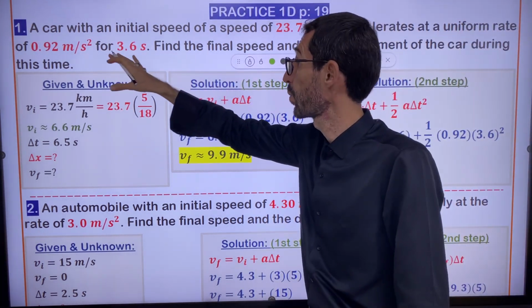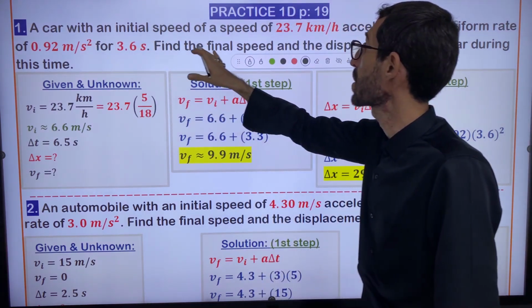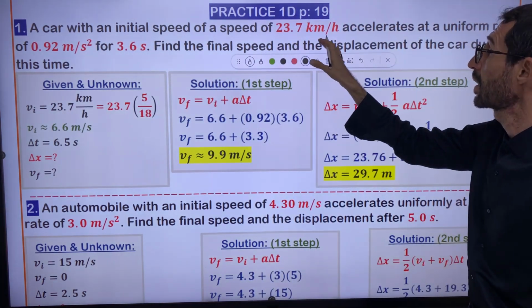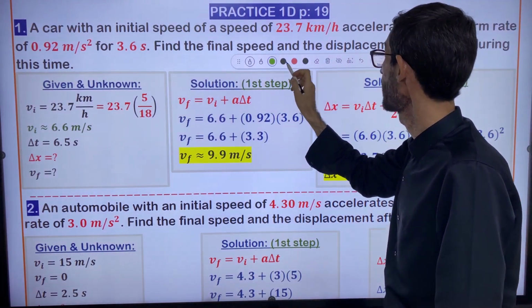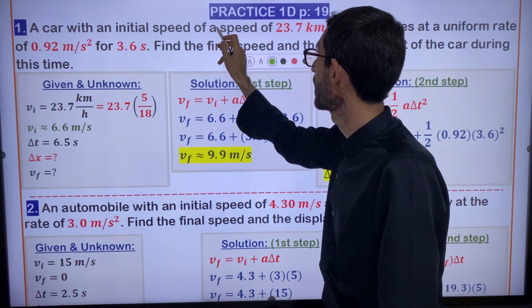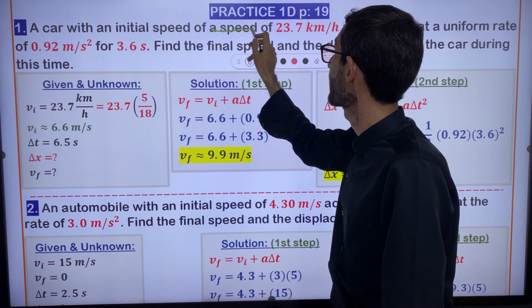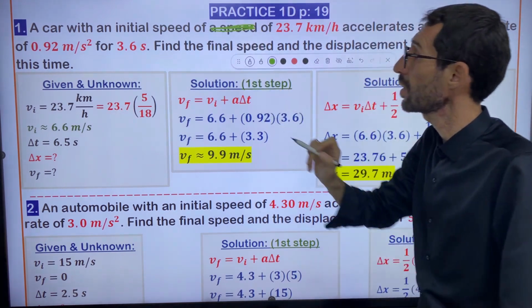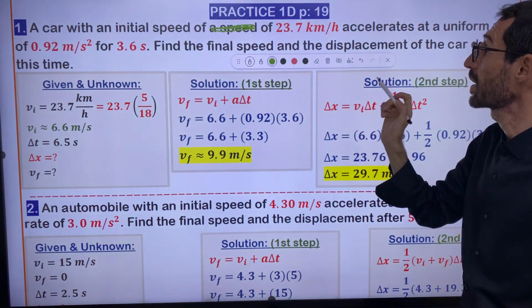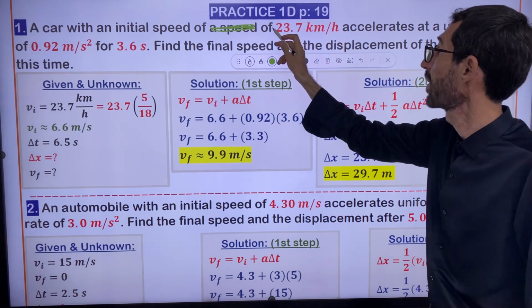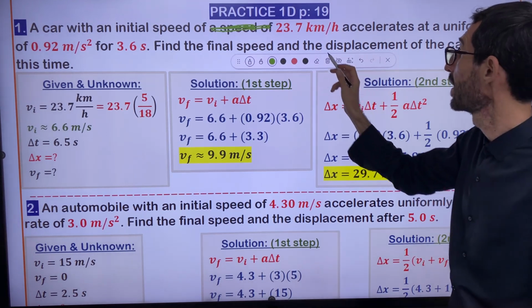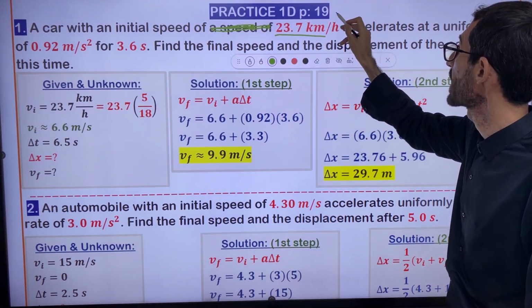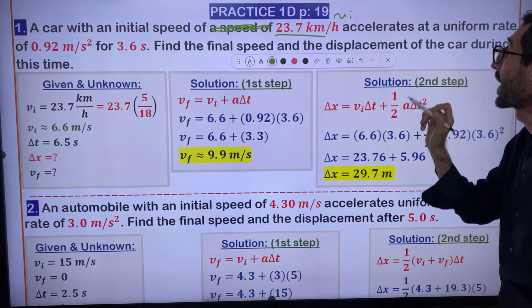Let me read question number one. A car with an initial speed of 23.7 kilometers per hour. So initial speed is given, V_i is known.